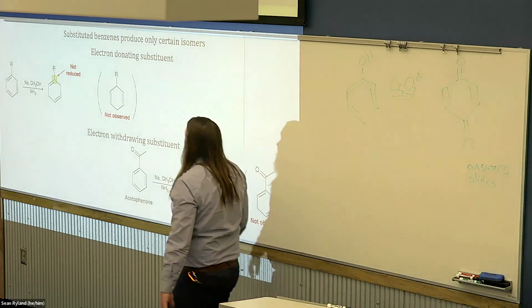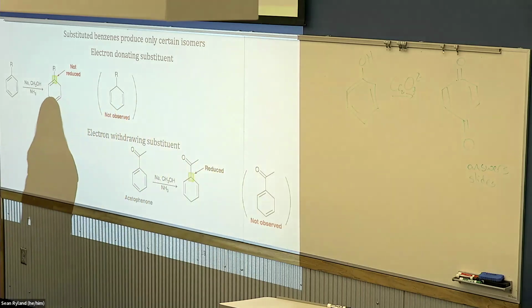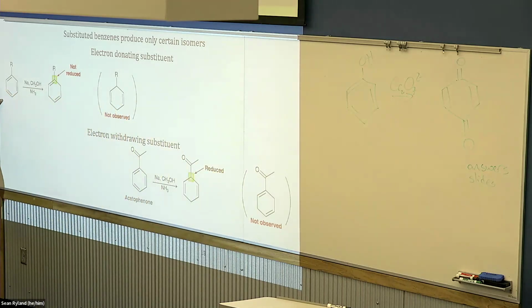So if we have substituted benzenes, this might actually explain some of it. Substituted benzenes only produce certain isomers.